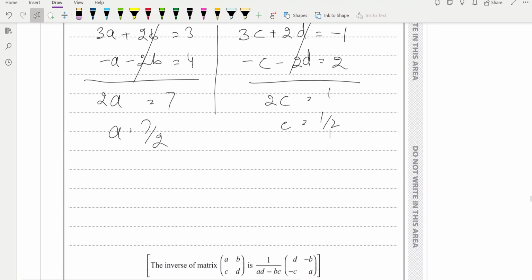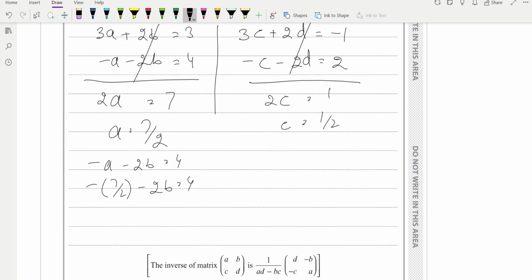So the b value first. In the second equation, minus a minus 2b is equal to 4. In this one we will replace the value of a, which is 7 by 2. So minus 7 by 2 minus 2b is equal to 4.